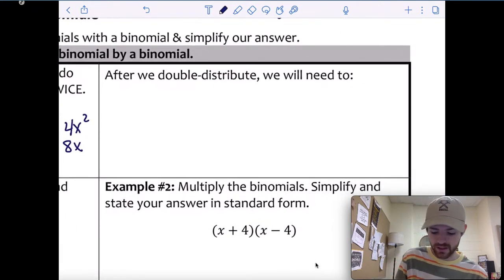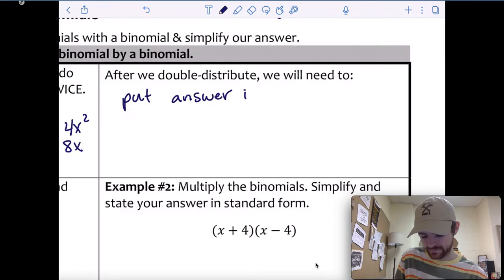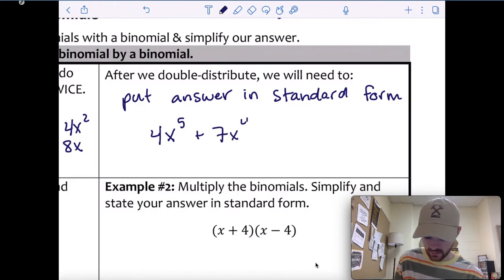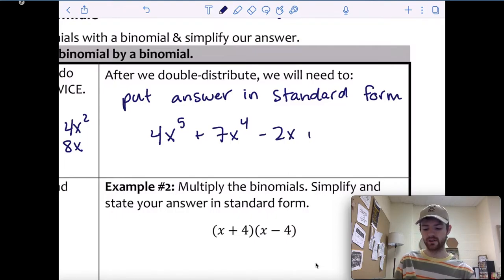After we do so, we need to put the answer in standard form. Once again, that is where we organize the terms by the exponents.